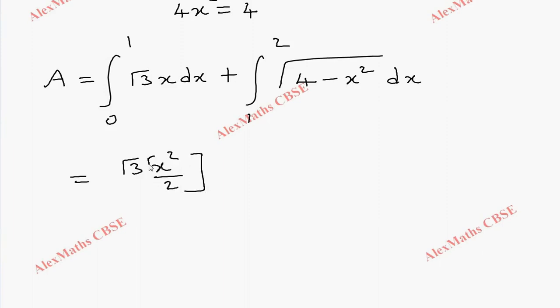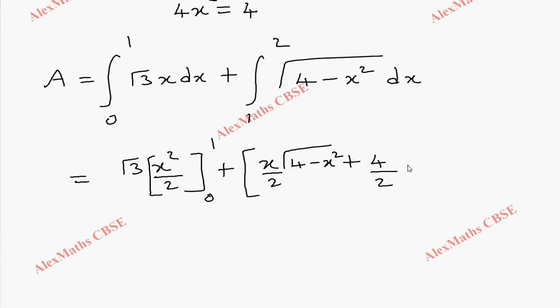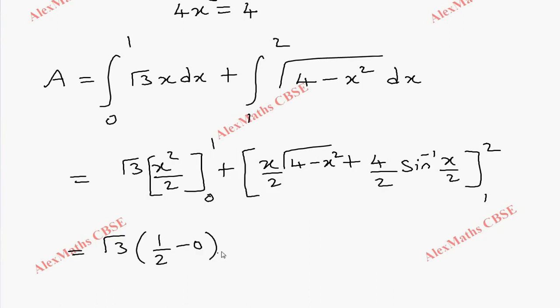After integration, we have to substitute the limit from 0 to 1, and this is the formula: x by 2 into root of 4 minus x square plus 4 by 2 into sine inverse x by 2, and the limit is from 1 to 2. Now let's substitute the upper limit, which is 2, and lower limit is 1.